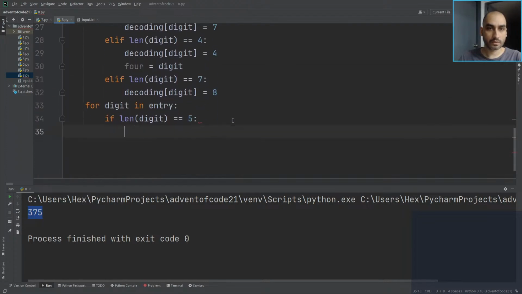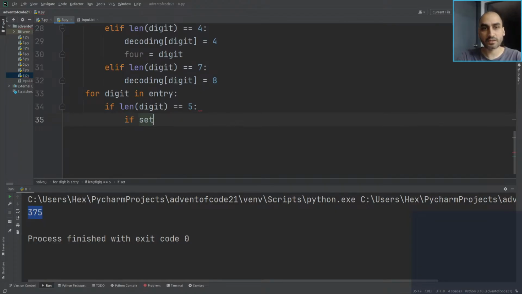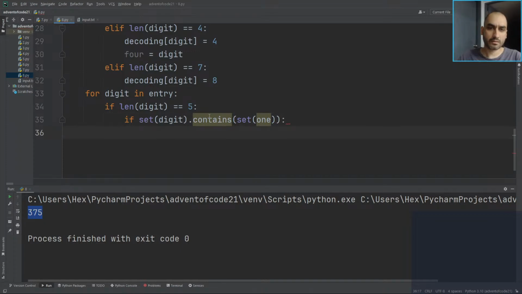So if set, so we turn 1 into a set, and we do contains 1. Is that right? No, you don't do that. What do you do? I've got to look this up again.